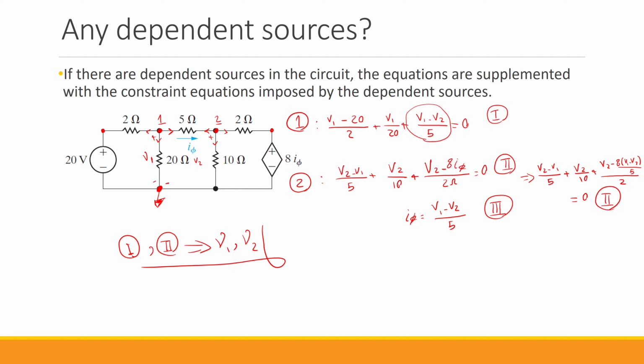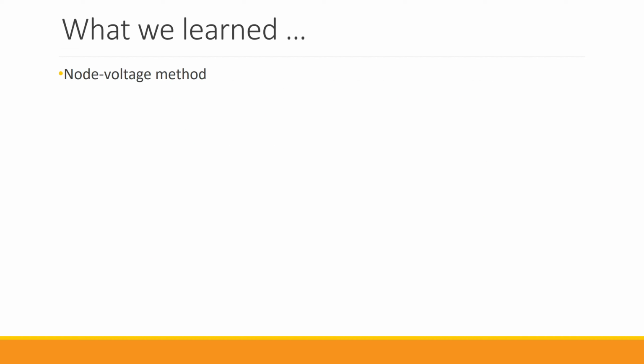That's why we use the node voltage method to help us get rid of all those unnecessary equations. So in this video, you got introduced to the node voltage method and you saw how it can be beneficial in reducing the number of equations that you need to solve simultaneously to get the solution of an electric circuit.